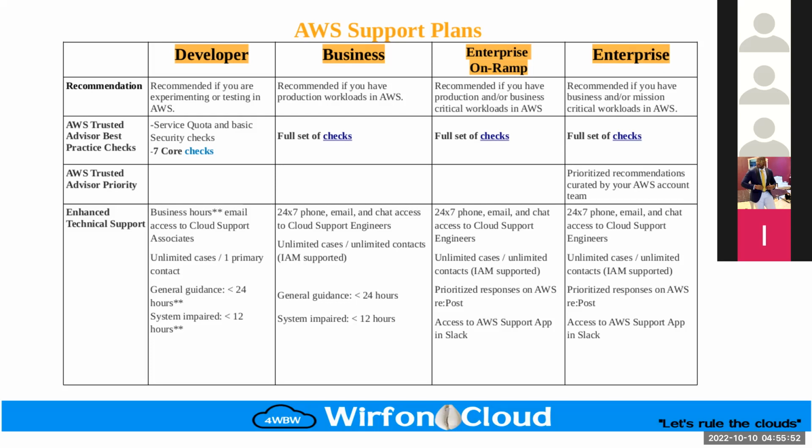So I would like somebody to read across for us so that we can actually see the difference. What are the recommendations for the developer plan, the business plan, the enterprise On-Ramp plan, and the enterprise plan?